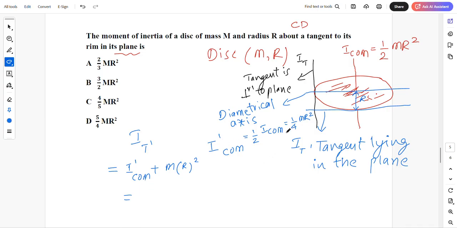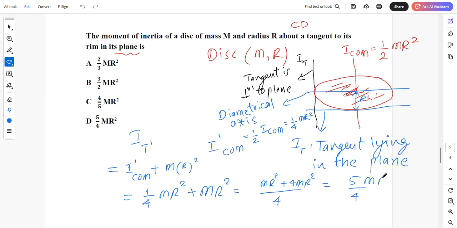Just now we calculated I dash com is equal to 1 by 4 m r square plus m r square. Now we add up these two, get the answer. 4 is LCM, m r square plus 4 m r square, that is equal to 5 by 4 m r square. 5 by 4 m r square is the right answer.